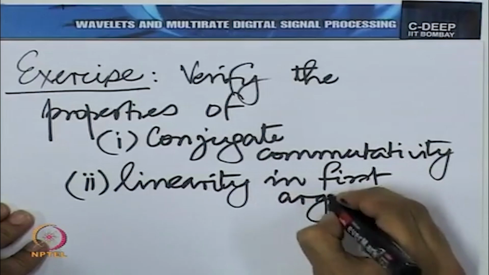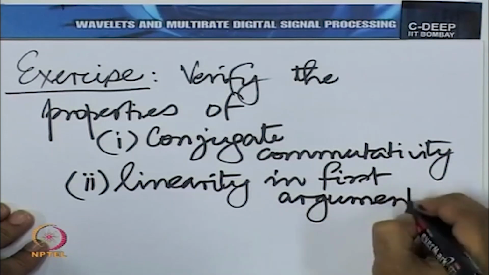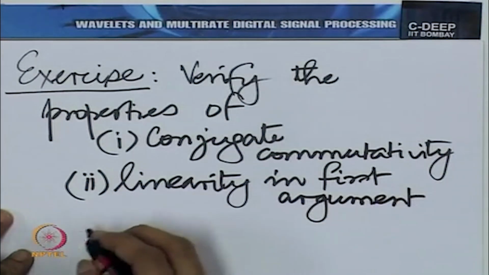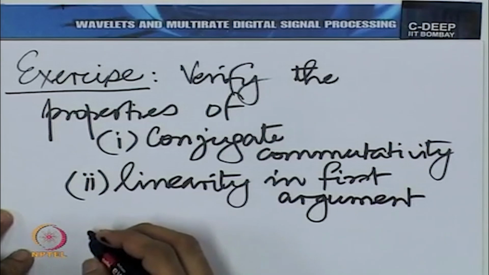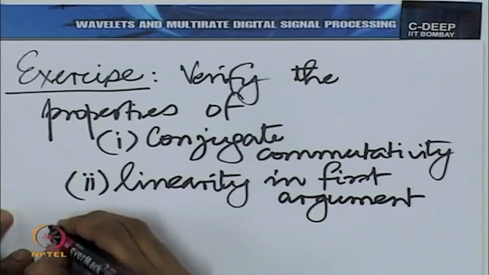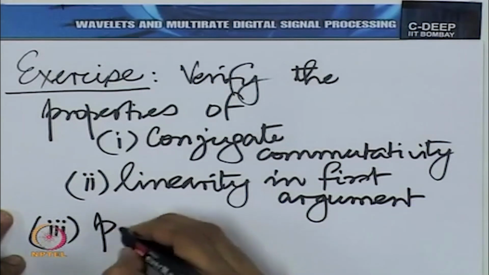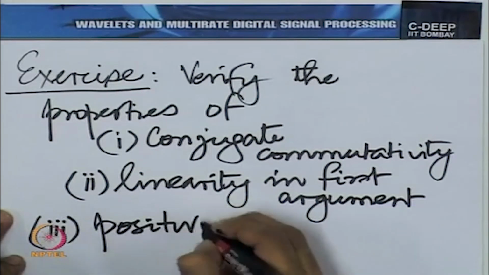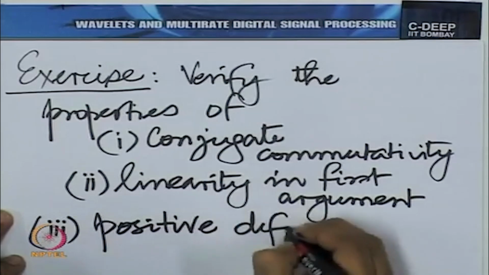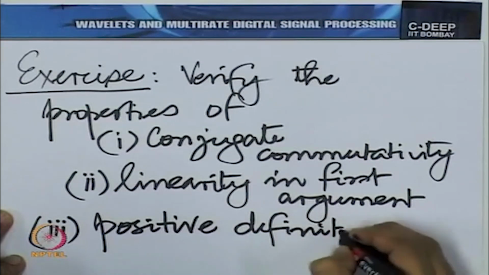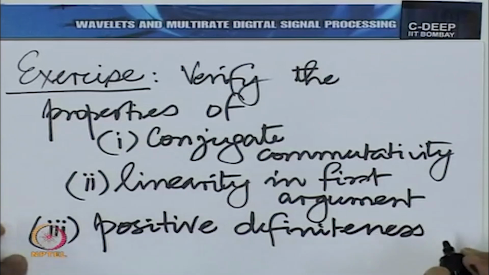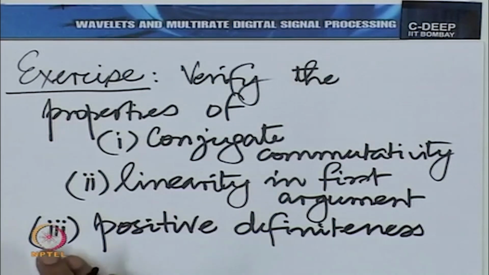If I take a linear combination of two vectors or two functions in the first argument, then the corresponding inner products are also similarly linearly combined. And third, positive definiteness. I leave this to you as an exercise.